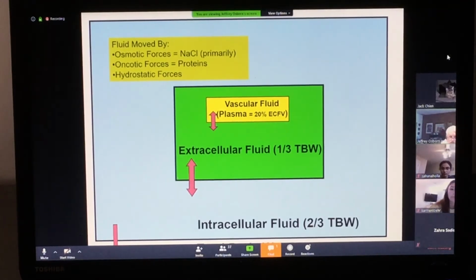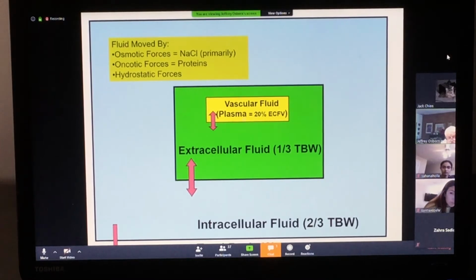Now we also have hydrostatic forces, and that's just pressure. So the hydrostatic force of the vasculature we've been talking about is simply blood pressure, right? That's a hydrostatic pressure that's going to move fluid from the capillaries out into the interstitium. We also have oncotic forces, or proteins.